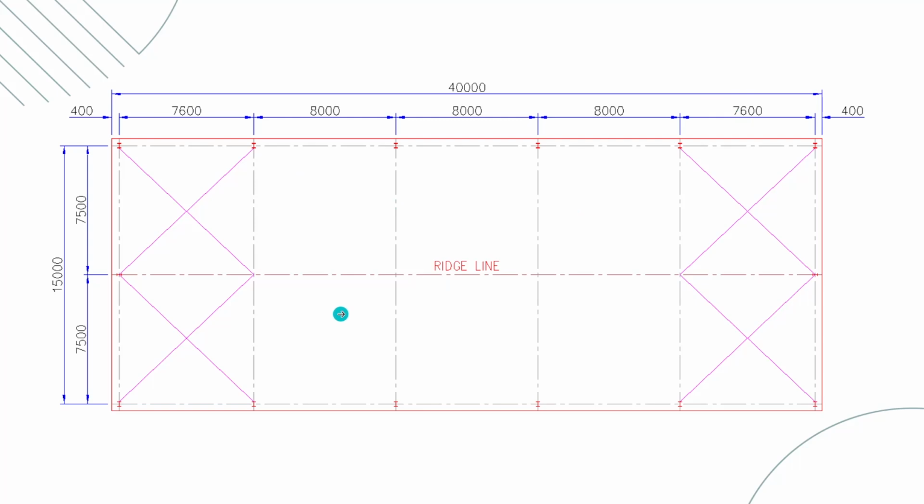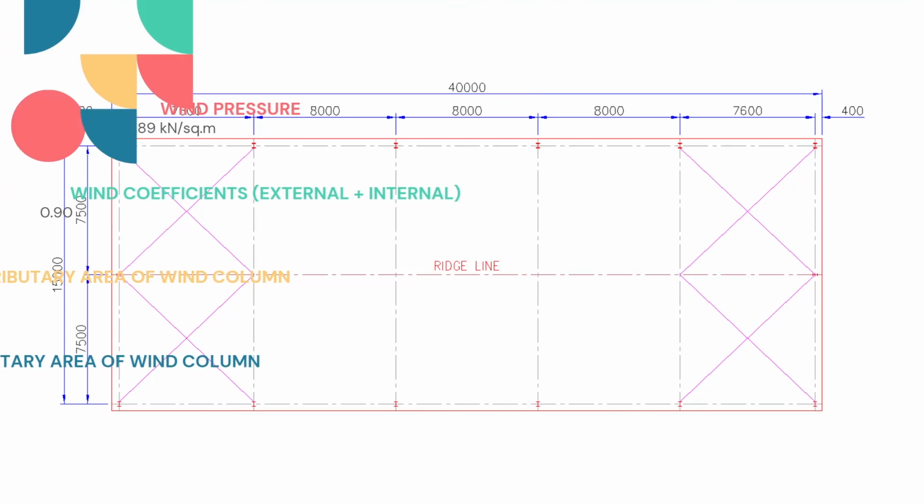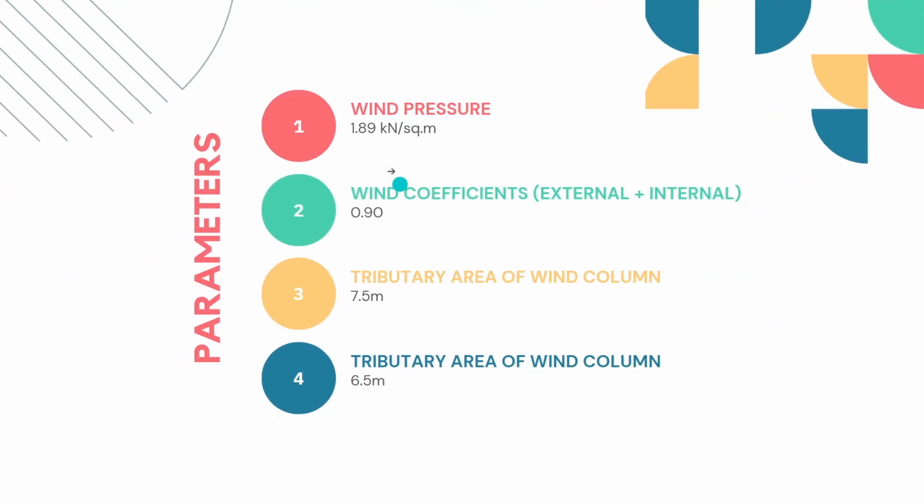Now, let's consider the required parameters to calculate the bracing force. Let's say the wind pressure is 1.89 kN per square meter, wind load coefficient is 0.9, the tributary area of the wind column is 7.5, and the height of the column is 6.5 meter.